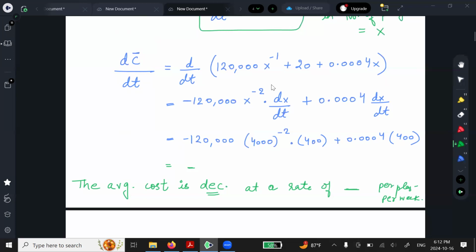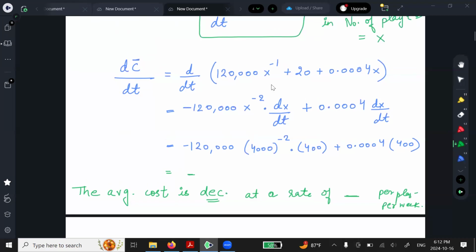Oh, how do I know? They will tell you; see what is happening to the average cost. They want to know how the average cost is changing, but they've already given you the rate of change in x per week, right? So they want to know the change per week.